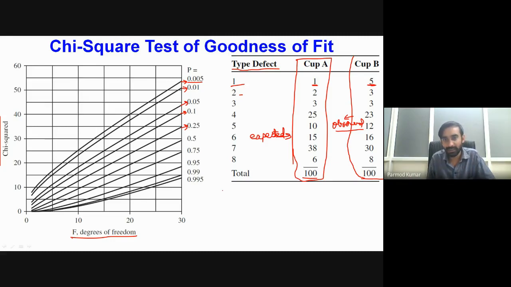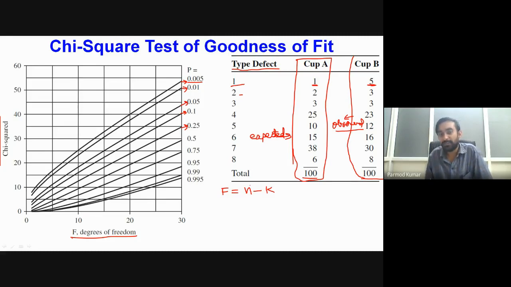So while we calculate the value of f, we consider it as n minus k, where n represents the number of cells in our sample. Here you can see this entire table is our sample, which consists of 100 cups. Now this sample is categorized into 8 different cells.